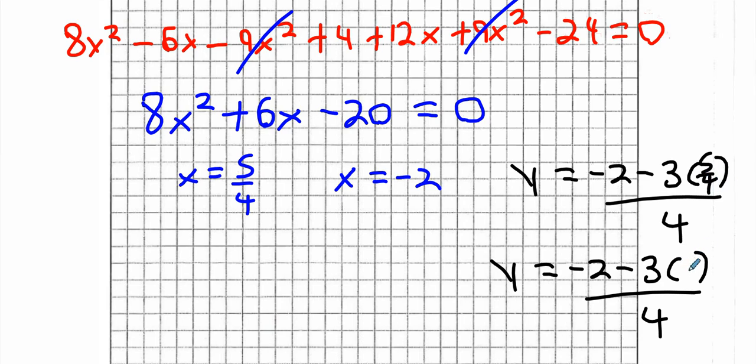And the other one is minus 2. And when that happens, we get two values. I think we get minus 23 over 16 for y. And then the other one is y equals 1.